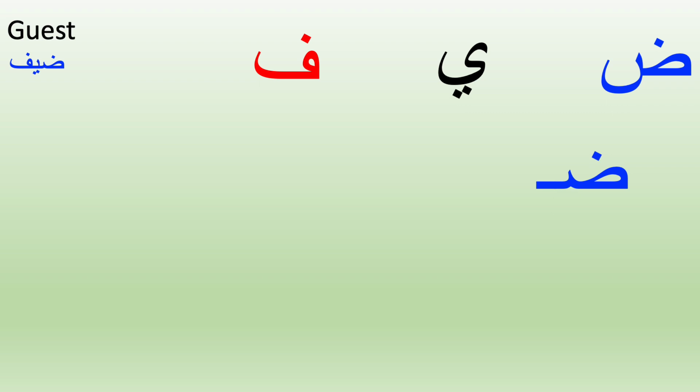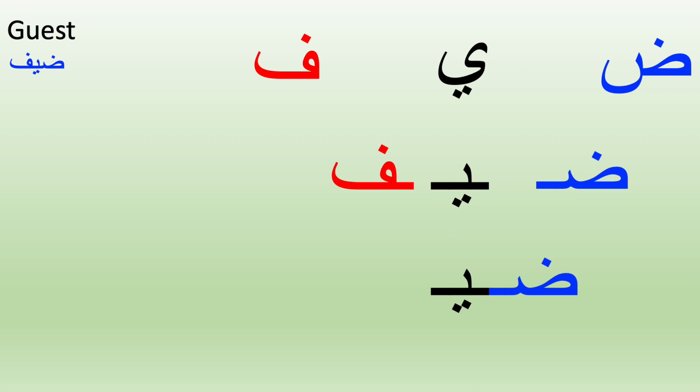Then the ya connects with the dad and the following letter, so it takes this shape. And finally, the final F letter will take this shape. Together, the whole word will become ضيف.